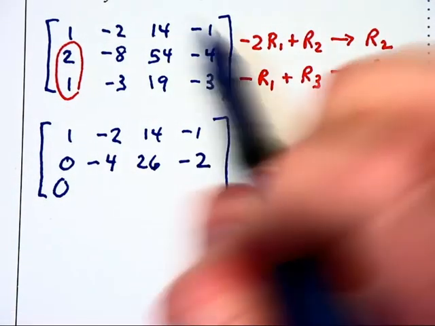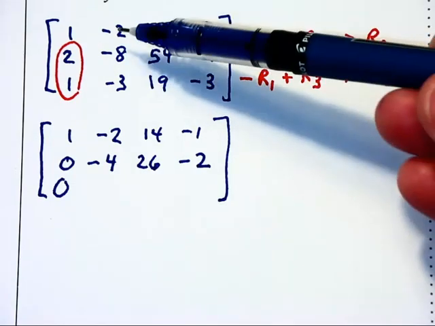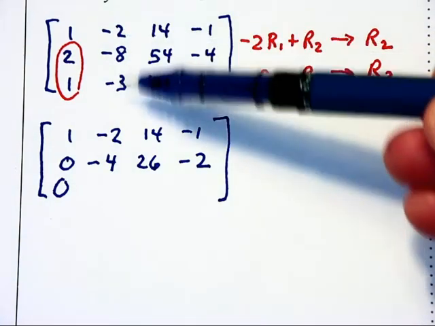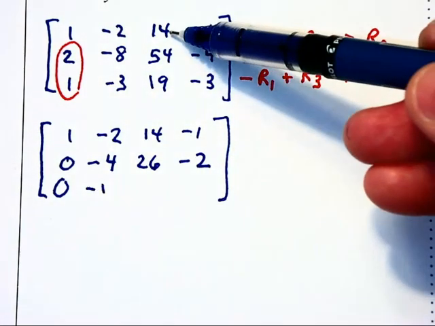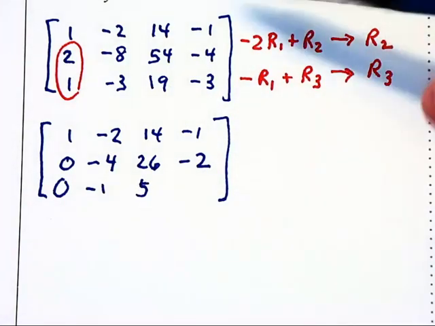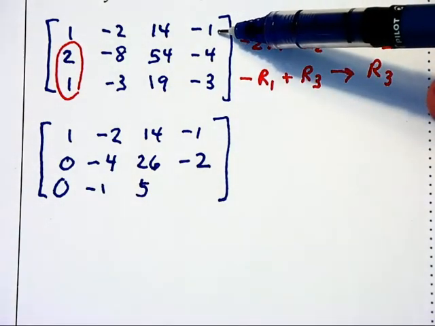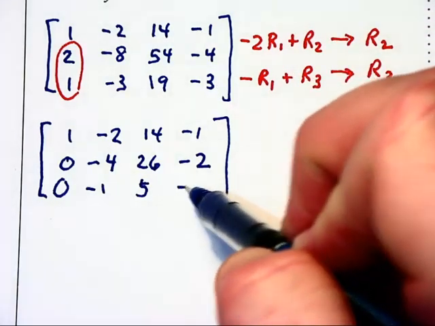We now move down to this bottom row, negative row 1 plus row 3. So negative of the -2, that's 2, plus the -3 makes -1. Negative of the 14 plus the 19 makes 5. Negative of the -1, that's +1, plus a -3 makes -2.